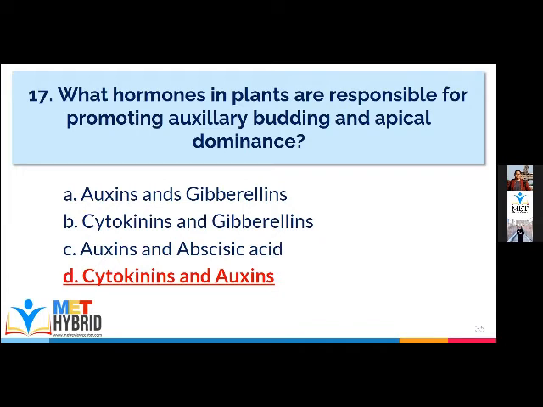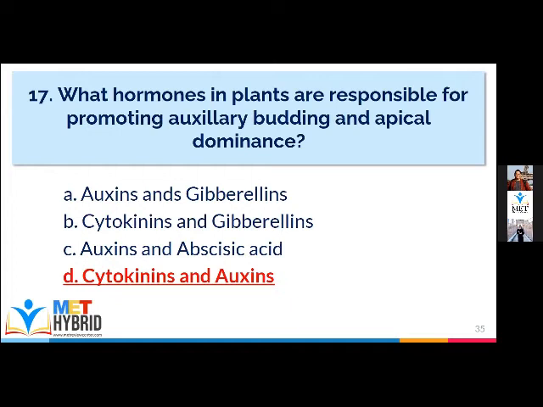What do you mean by apical dominance? The terminal portion of your plants is actively dividing in terms of cell division. That's why apical dominance pertains to the growth and development of the shoots of your plants. So what is acting on these cells is your auxin hormone.